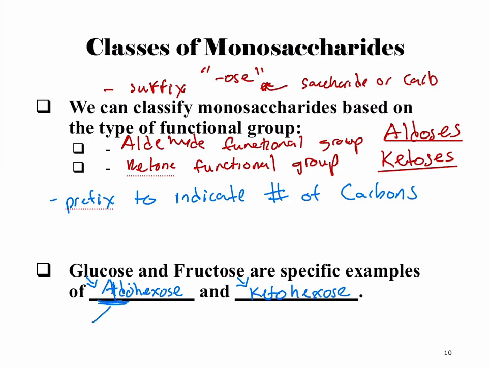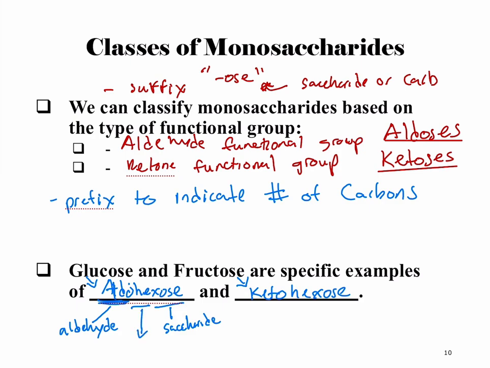Aldo tells us what about this carbohydrate? An aldehyde functional group. Ose tells us what? It is a carbohydrate or it is a saccharide, right? And then what do you think hex tells us?